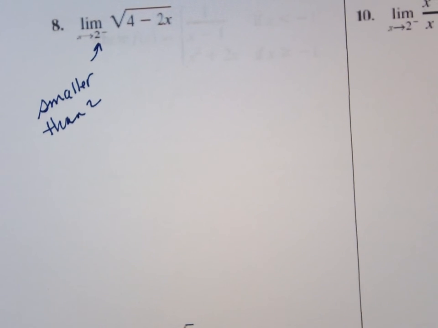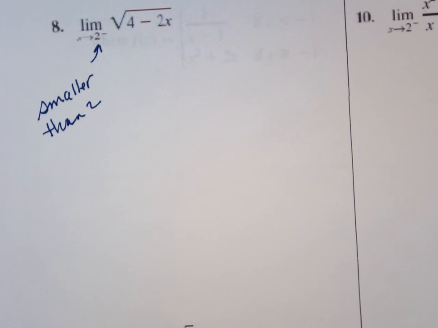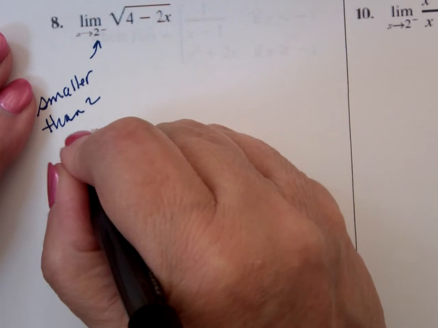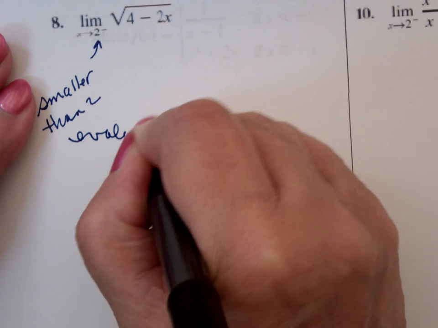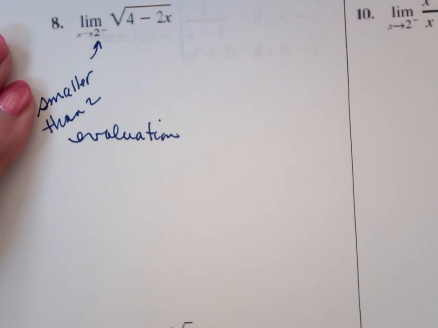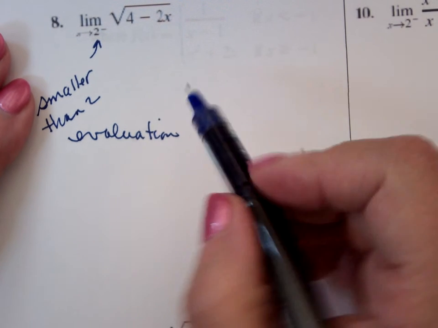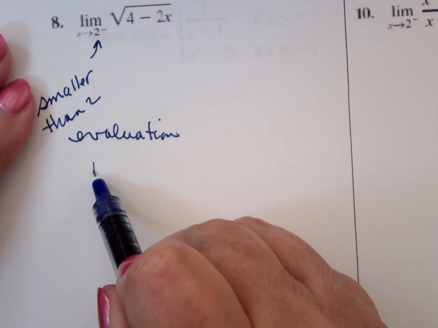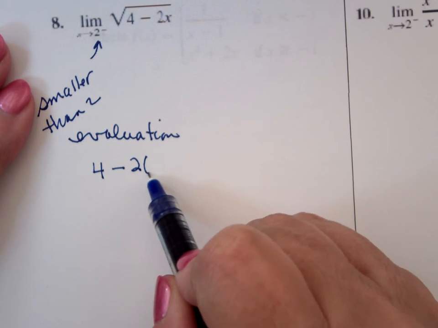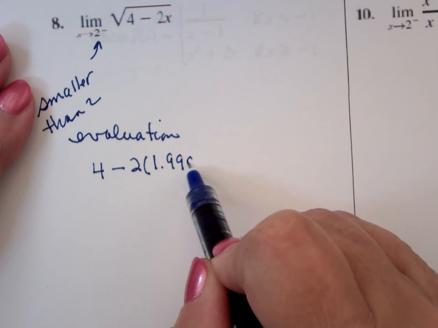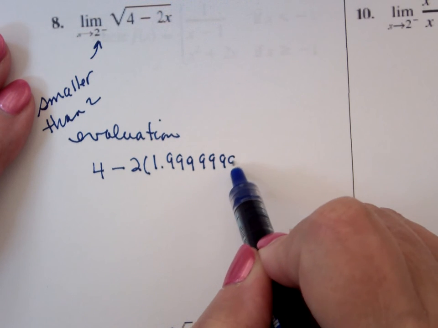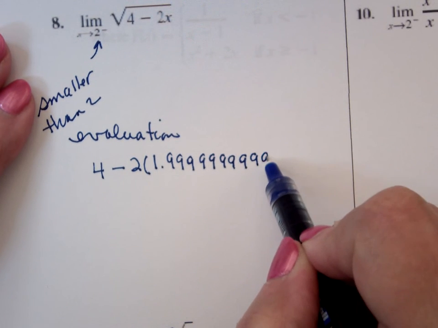So then the next thing is, you know you're not going to actually get to 2, but how close to 2 are you going to get? As close as possible. So if I wanted to do an evaluation, and this would drive math majors crazy, I'm going to look at, well, what would be 4 minus 2 times 1.1, 2, 3, 4, 5, 6, 7, 8, 9, 10 nines?